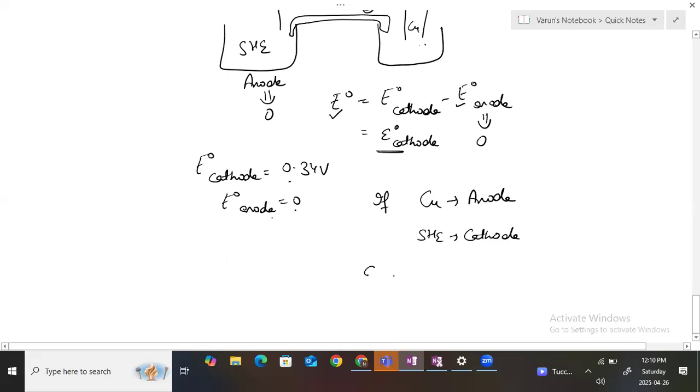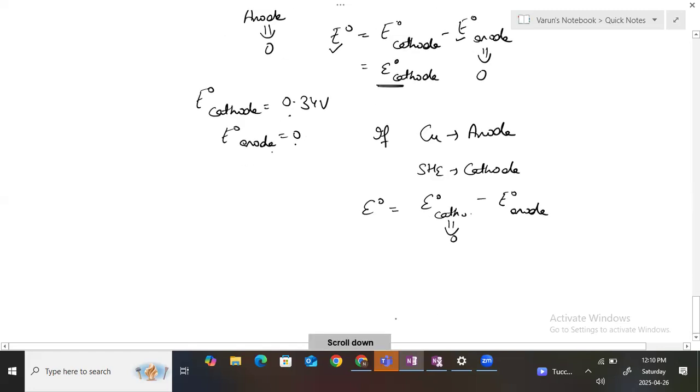So if I find out for this case, E naught cathode minus E naught anode, my cathode one will be 0 now. Correct?